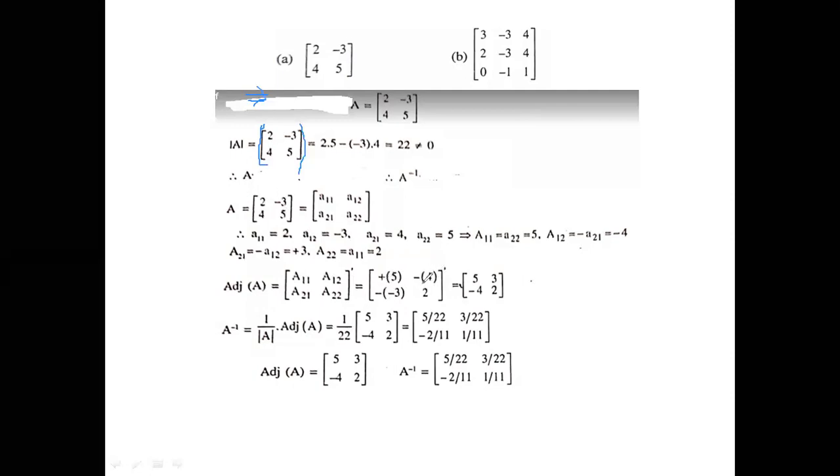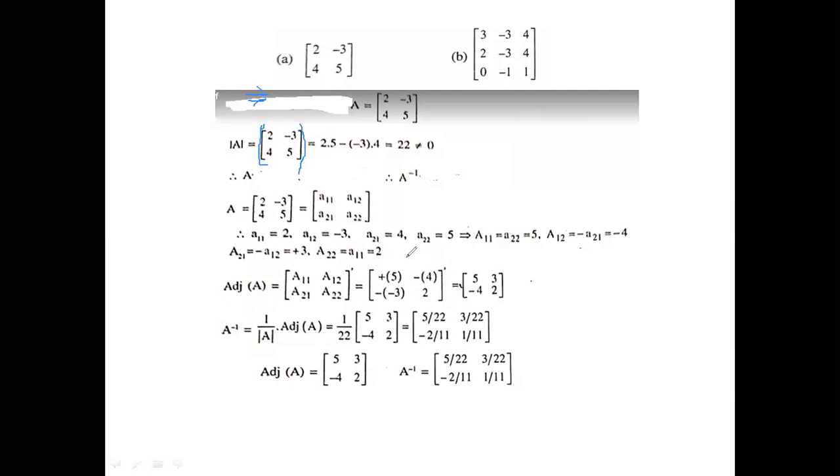And cofactor of minus 3 is 4, and there is minus because of the plus minus pattern. Cofactor of 5 is 2, and it is plus because plus minus plus. And then cofactor of 4 is minus 3, and it is minus because plus minus.